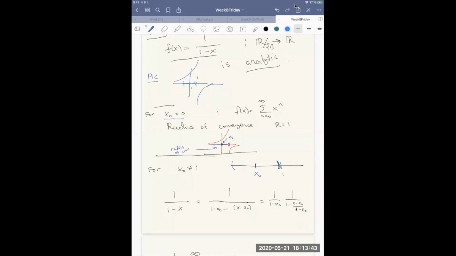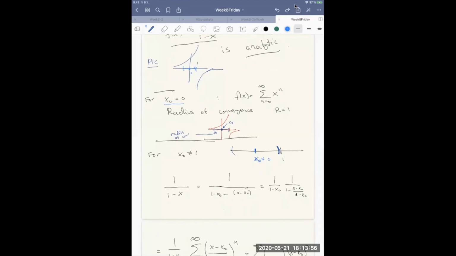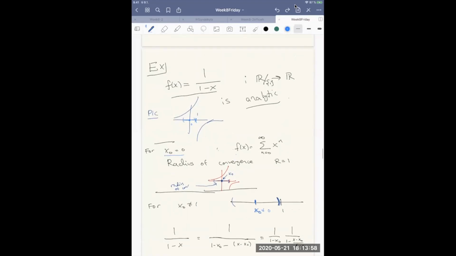But suppose we have some other center x0, not equal to 1. If it was equal to 0, it would be covered by that case. And at 1, that's outside the domain of our function, so we don't have to verify analyticity there.